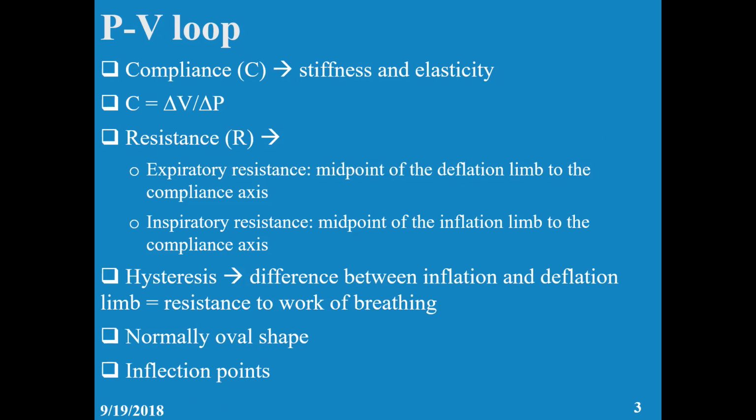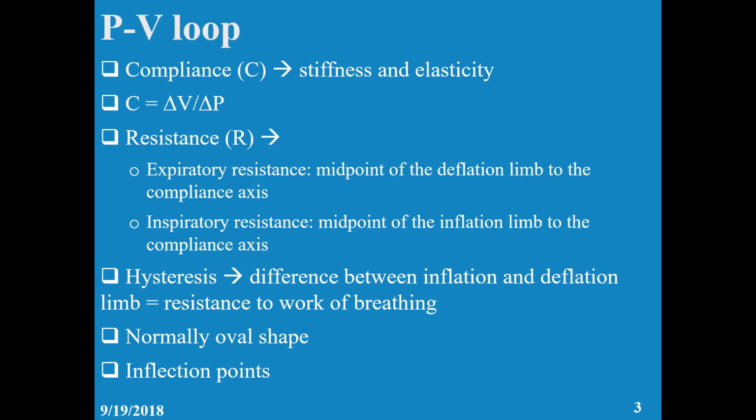So compliance is the change of volume over the change of pressure, while resistance is the change of pressure over the flow. We have inspiratory resistance affecting the upper airway, and expiratory resistance. You will see the resistance, whether inspiratory or expiratory, at the mid inflation point.